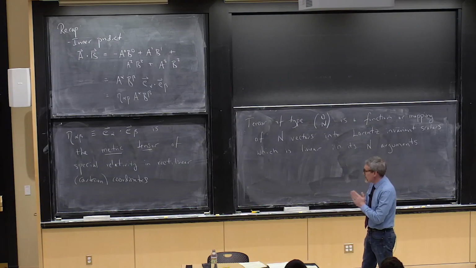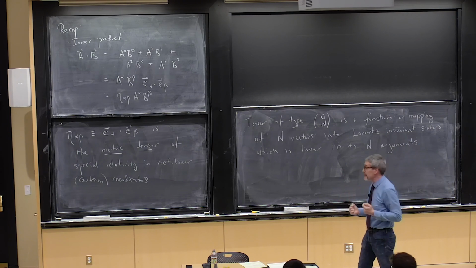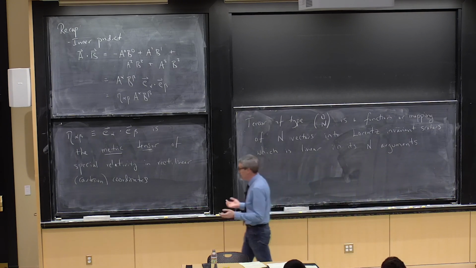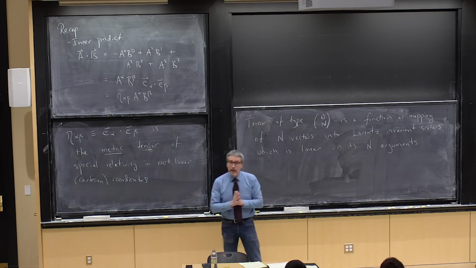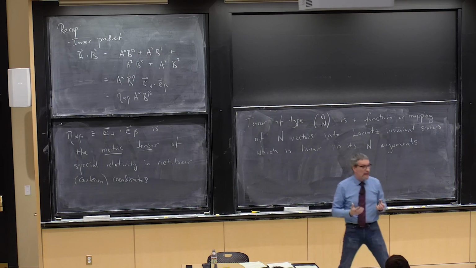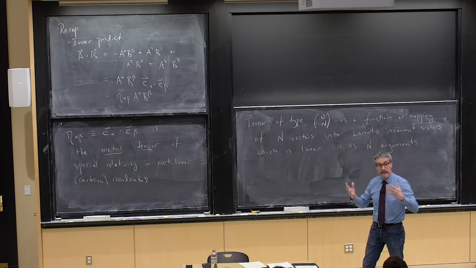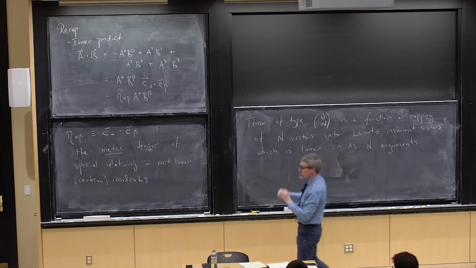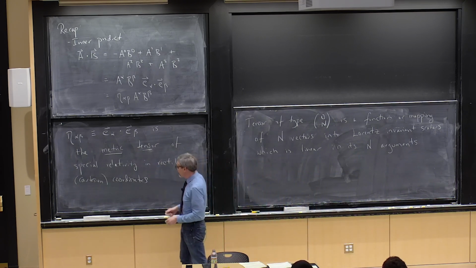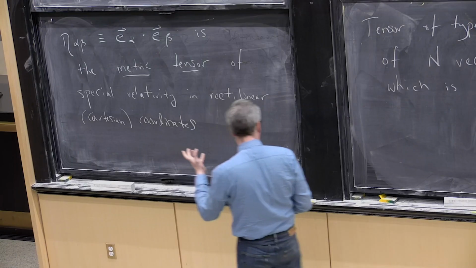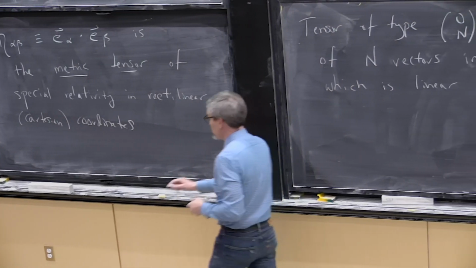And so this is the metric tensor of special relativity, at least in rectilinear coordinates. Rectilinear basically just means Cartesian, but throwing time in there as well. When we start talking about special relativity in curvilinear coordinates, it'll get a little bit more complicated than that, and I will not use the symbol eta in that case. I'm going to reserve eta for this particular form of the metric in this coordinate system.